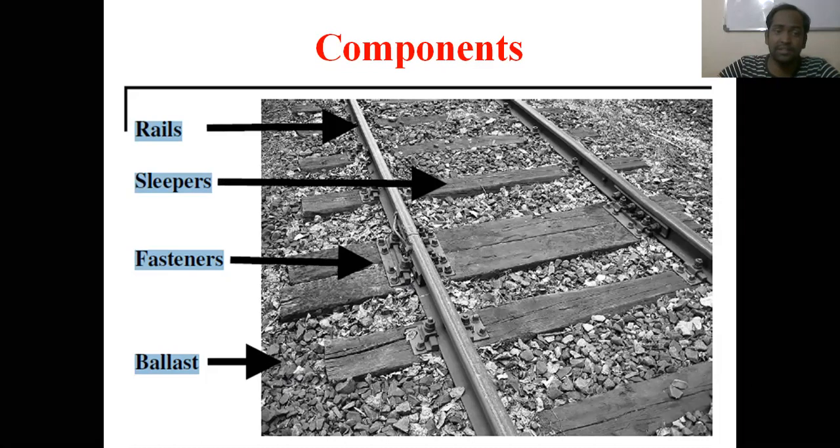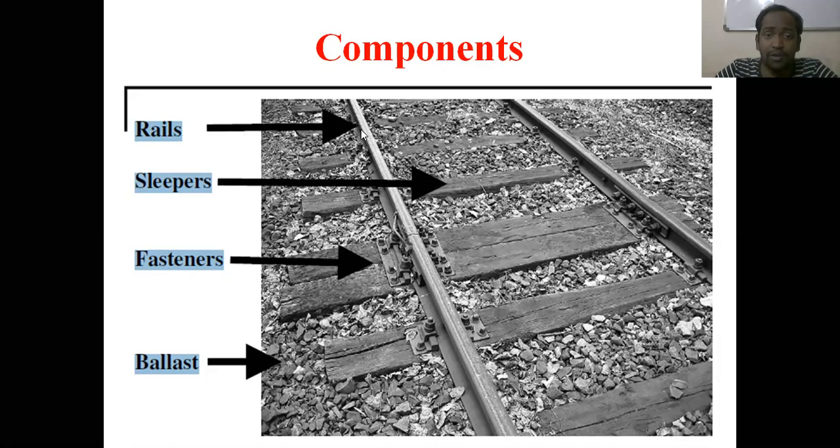The wooden or concrete part which bears the weight of the rails, and also the entire weight of the train, is called the sleeper, and the sleepers can transfer the load from the rails to the ground. That is the main role of sleepers in a railway track.